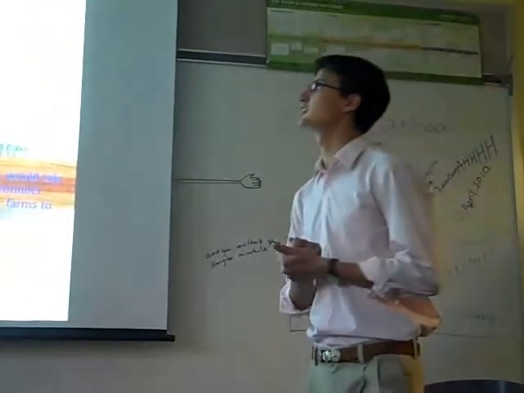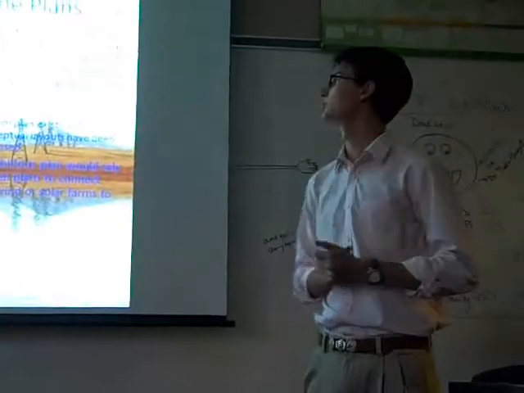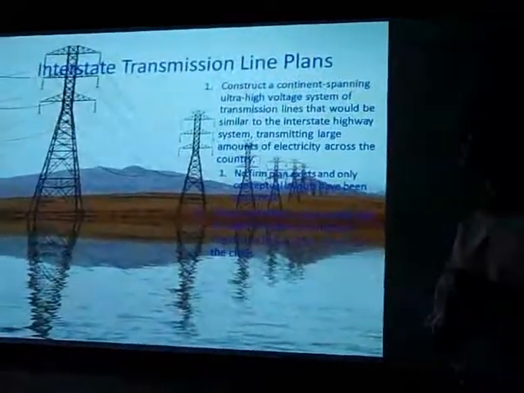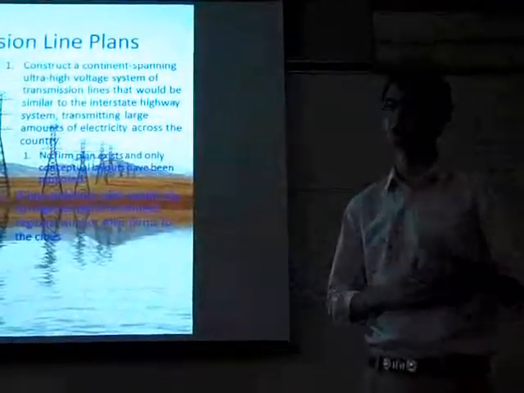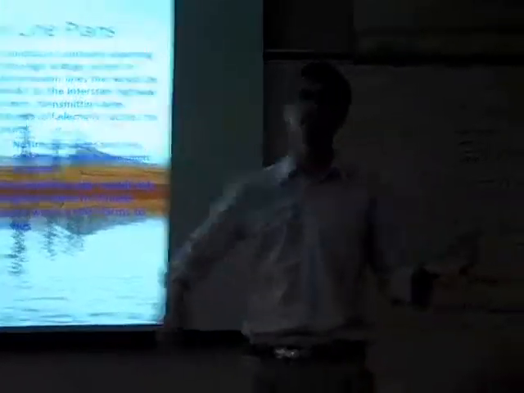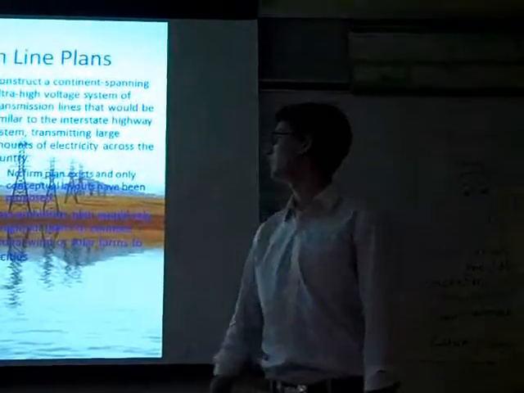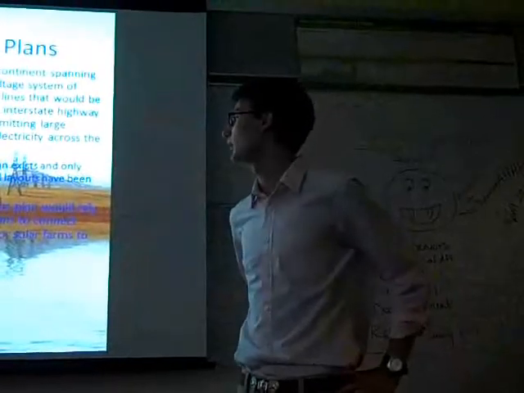So for these interstate transmission lines, there are two main ideas. One is to construct a transcontinental transmission line, very high voltage, being able to effectively transport electricity from one side of the nation to the other. However, no firm plan exists, and only conceptual layouts have been proposed.